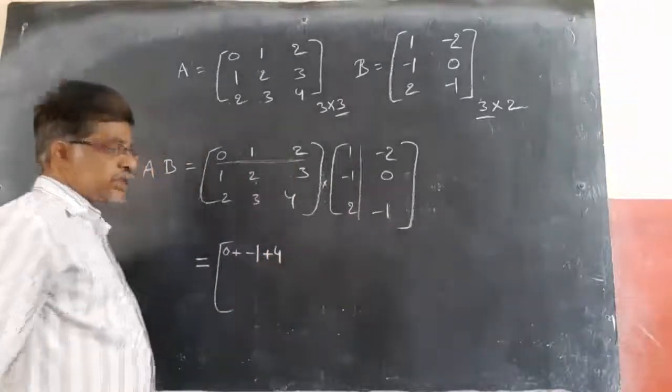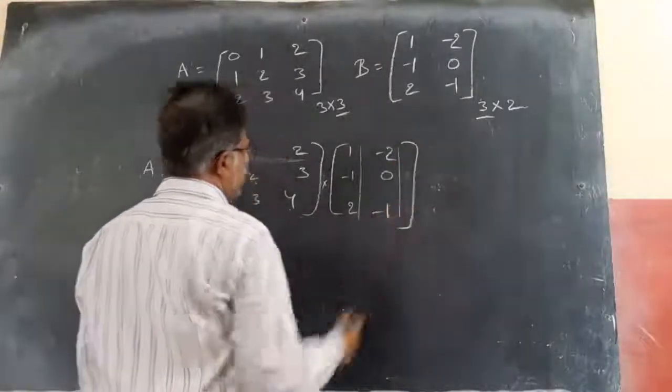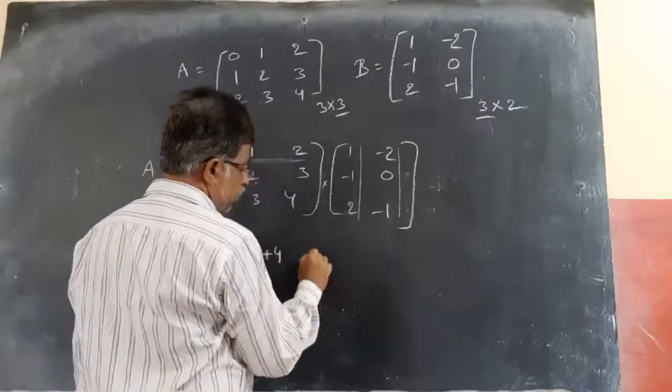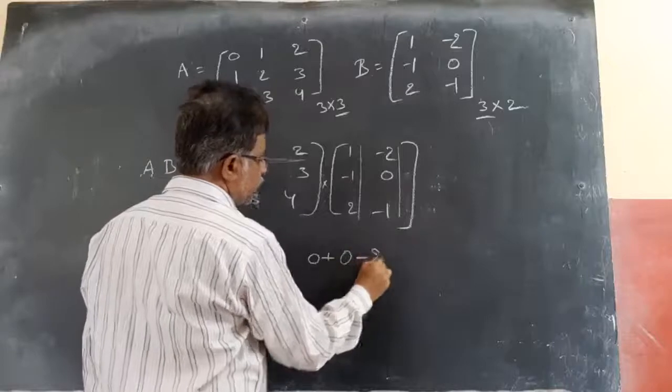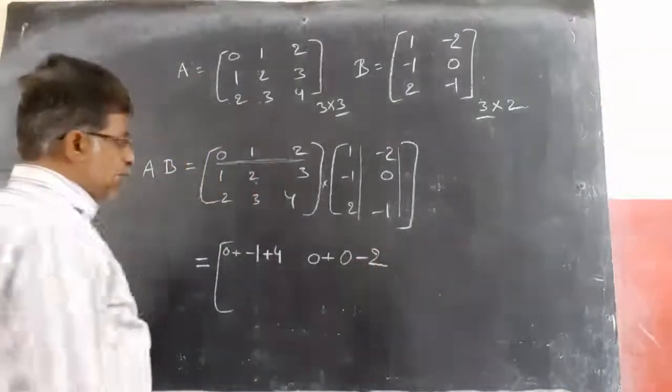This is the first row, first column element. Next, first row, second column: 0 into minus 2, 0; 1 into 0, again 0; 2 into minus 1, minus 2. This is the first row, second column element.